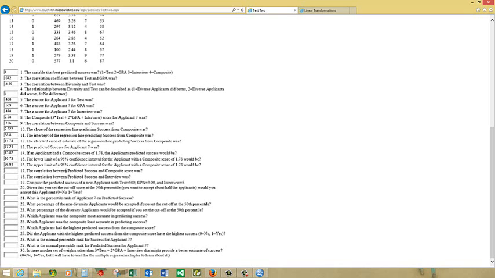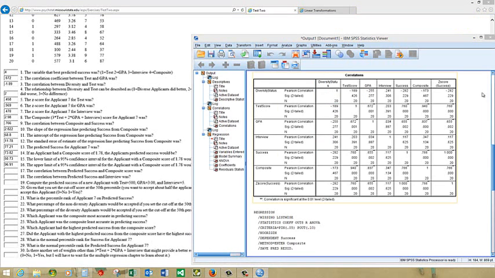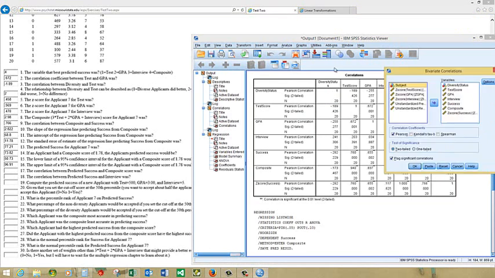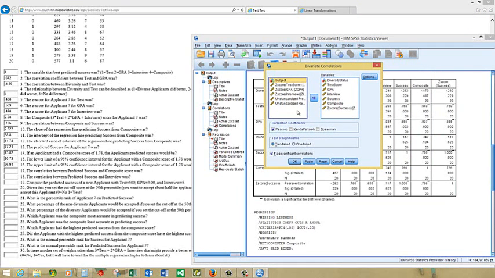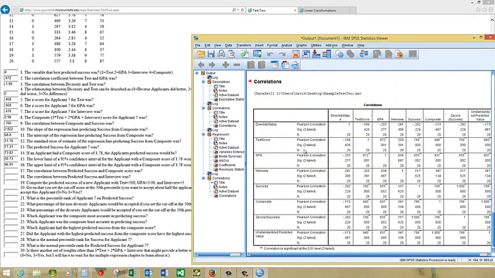All right, the correlation between predicted success and composite. All right, we did that, I believe. We'll go back to bivariate, and to our variables we'll add predicted success. And click OK.